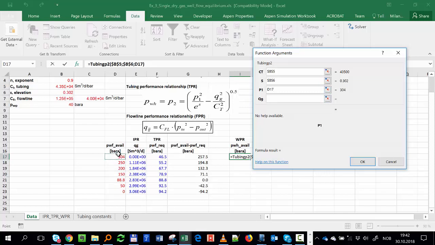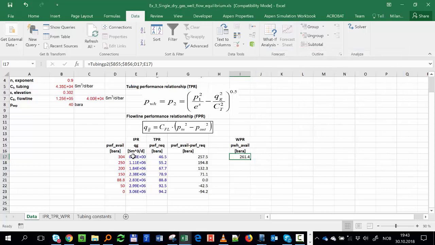And it requires the rate, so I have to use the rate for this, and this I cannot block. Okay, I want to drag down and select the other cells. Okay, so here I got an issue. Did you get the same problem?